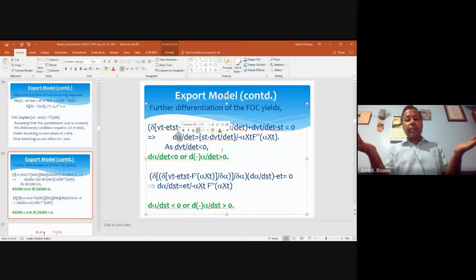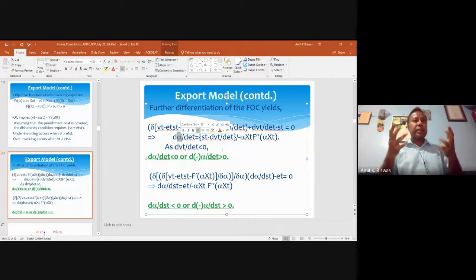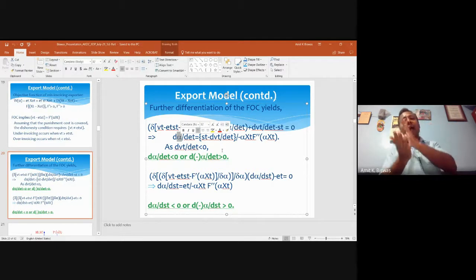Our decision variable is not XOT, because XT is given. XOT is determined by me, but XOT is determined by alpha. So my whole objective function depends upon what portion I hide, and the hidden portion is alpha.